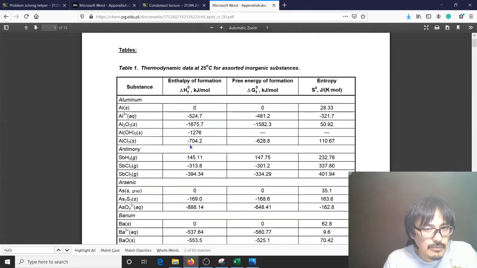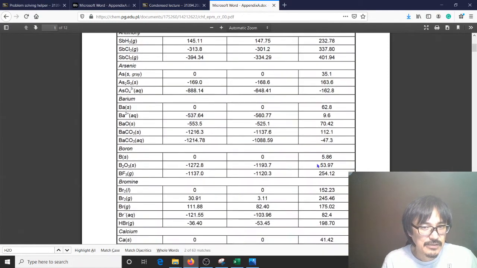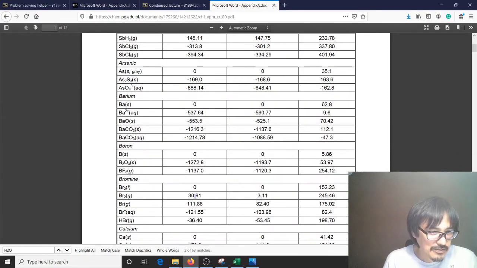The first column is the delta H, the last column is the delta S. These are the two things that we want, because delta G may not be constant at different temperatures. Delta G may change if it's not 25 degrees, but delta H and delta S tend to be constant. So we're going to use these values.